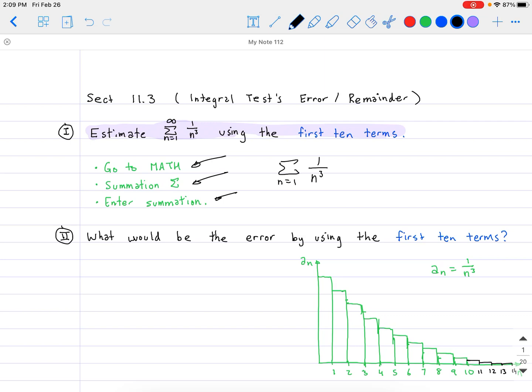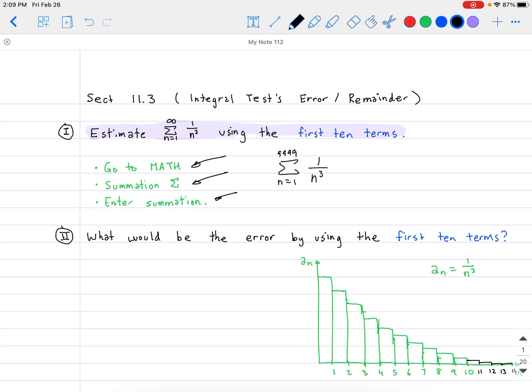But in our scenario, we want to sum the infinite number of terms. The last time I checked, when I tried to put in something like 9,999 terms, the calculator did not like it. It kept going and going, and even after 2 minutes I couldn't get an answer.